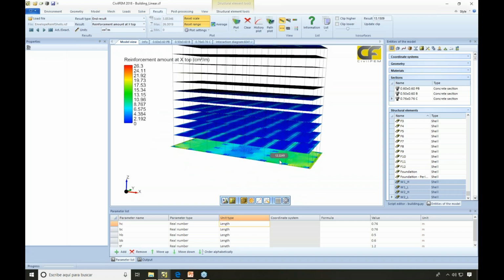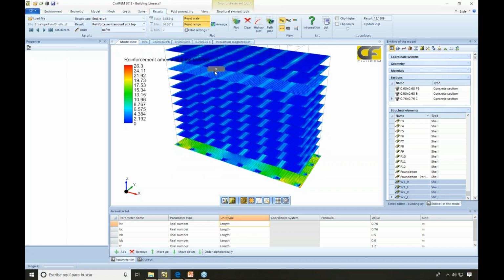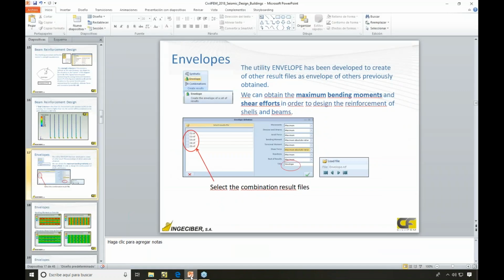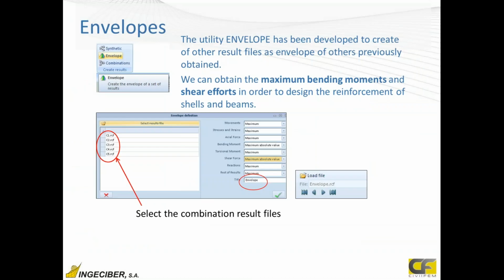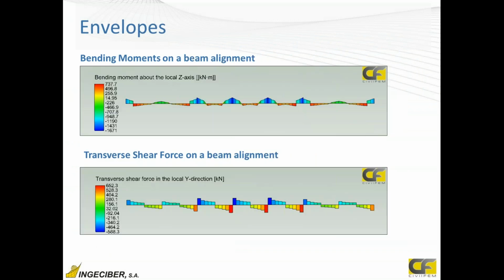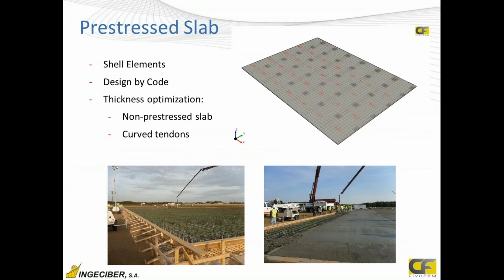The worst one will be in the sub-foundation, but later we'll see that we will need to design or redesign the reinforcement for the shear walls. Okay, so this is the linear. The same, we can create envelopes for forces and moments.